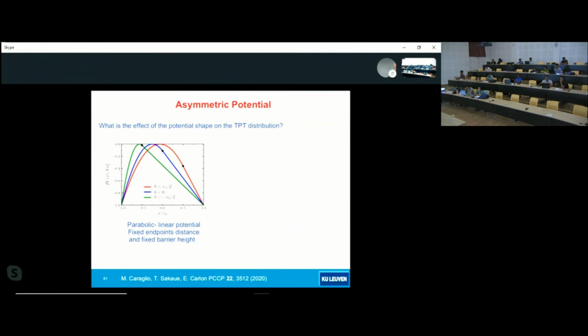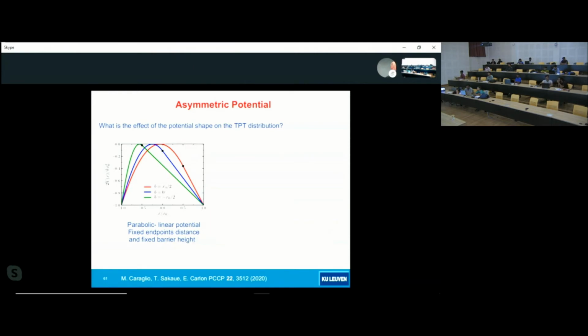Okay, so we introduce a parameter B, which is the position of the joining point of two types of potential. On the left side, we have a piece of parabola, which continues with a straight line, such that the derivative is the same. So you see that this black dot shifts, and the position of the black dot is equal to x naught divided by 2, 1/2 for the red, 0, and then minus 1/2 for the green, okay?